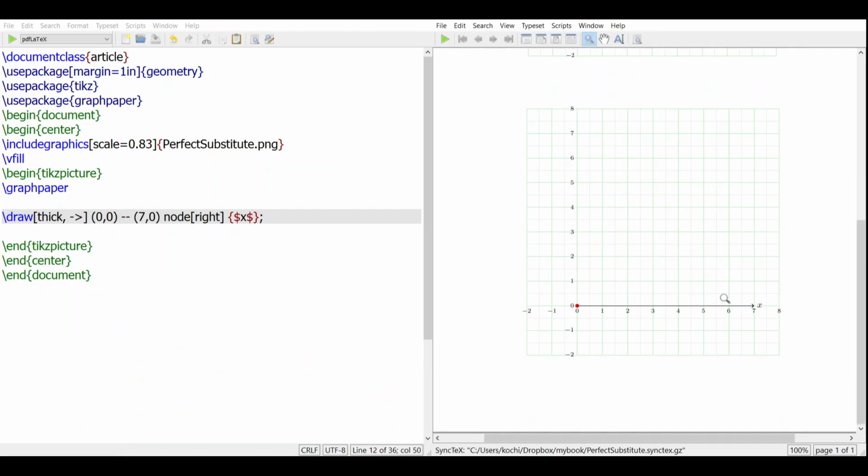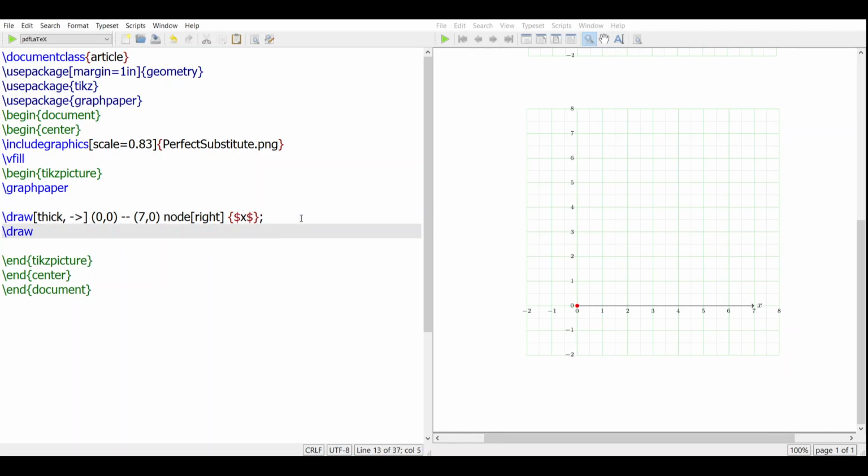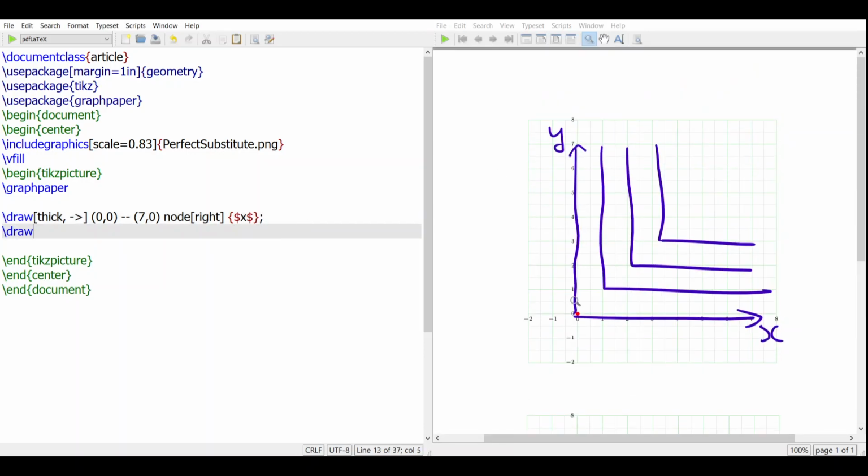And then we have a line from 0 up to 7 of x here, and now we want to draw the vertical y. Again, we want from 0, 0 up to 0, 7, because it is at the end 0, 7, and have a semicolon.